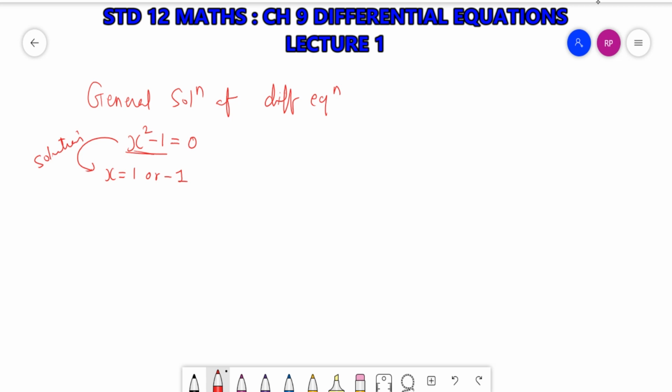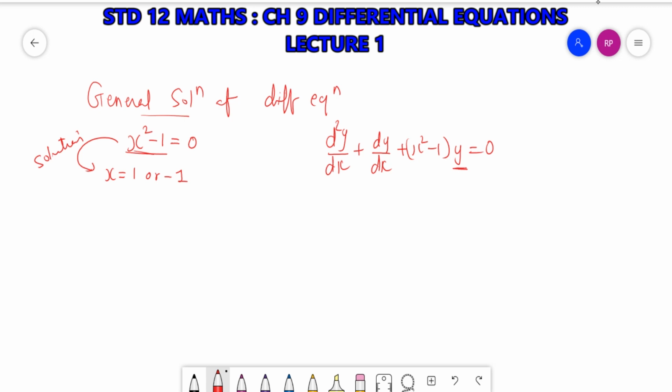So similarly, if there is any differential equation like d square y by dx plus dy by dx plus x square minus 1 y is equal to 0, right? Then the possible values of y which satisfy this equation is called the general solution.